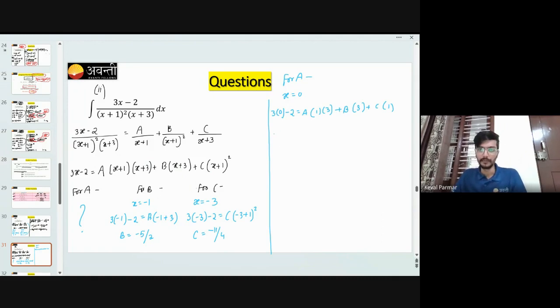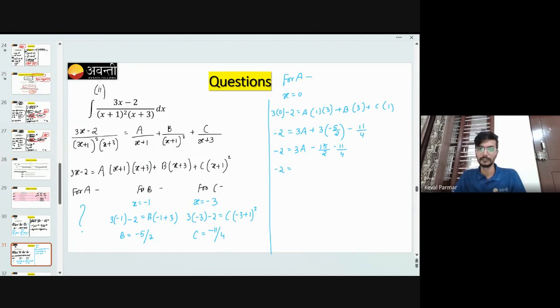So what will I get? I will get minus 2 is equals to 3A, correct? Plus 3B, which is minus 5 by 2, plus C, which is minus 11 by 4. That means minus 2 is equals to 3A minus 15 by 2 minus 11 by 4.